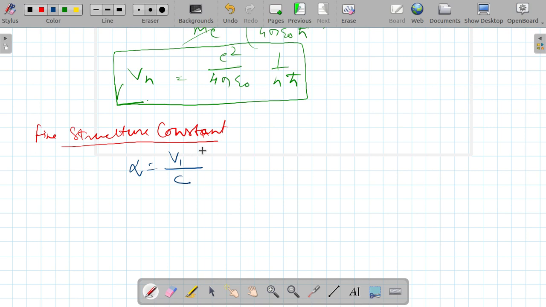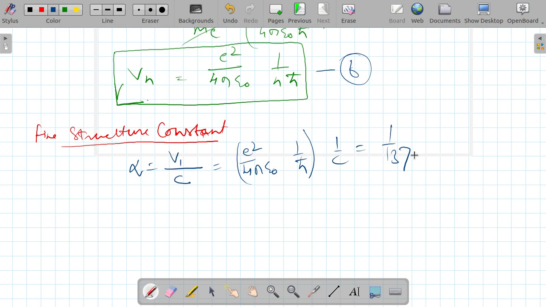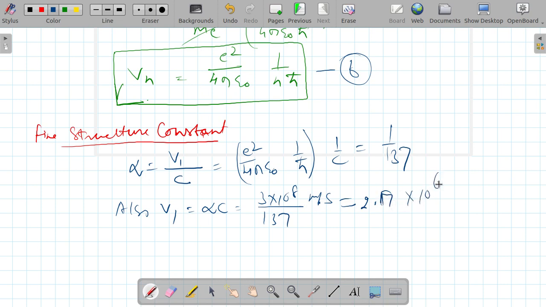So it is e square over 4 pi epsilon naught, 1 over h cross for the first orbit using this equation, into 1 by c, and its value comes out to 1 over 137. Also v1 is equal to alpha c, or 3 into 10 raised to power 8 divided by 137 meter per second, and its value comes out to be 2.19 into 10 raised to power 6 meter per second. So that means the electron is revolving with this velocity in the first orbit.